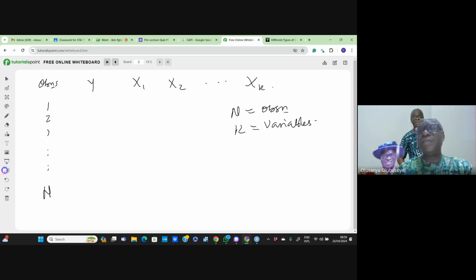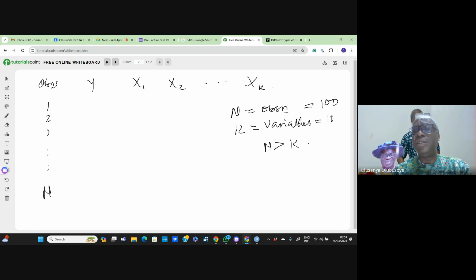Now look at this situation. Suppose you have 100 observations, and you have 10 variables. You will notice here that n is greater than k.